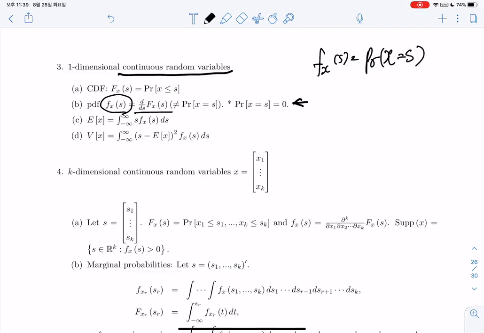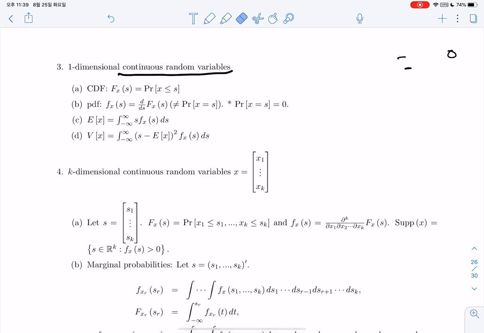And in the discrete case, when s is in the support set, this is positive. However, in the continuous case, probability that x is s for any value s is 0.